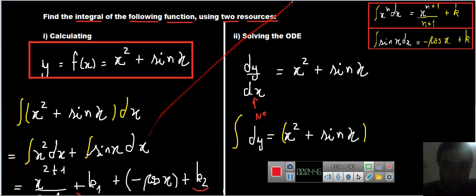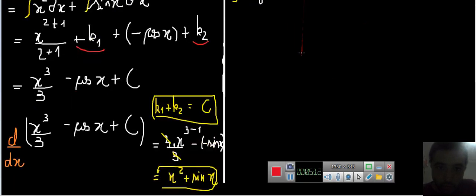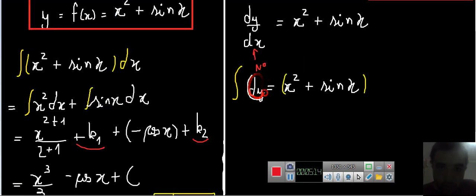So now we're going to solve the ODE, okay? So to solve this ODE right here, we know that this is a notation but we can treat it as a number too, right? As it is infinitesimal, okay? So we pass this multiplying right here, okay? So we get dy is equal to x squared plus sine of x dx, okay?